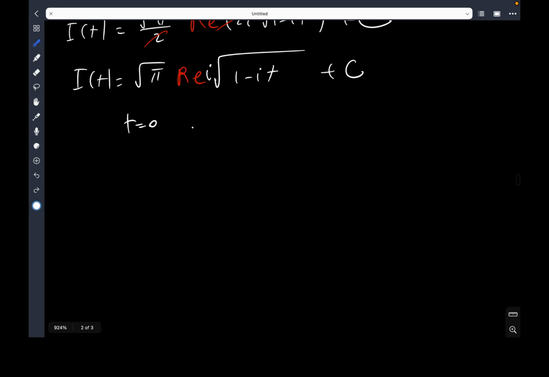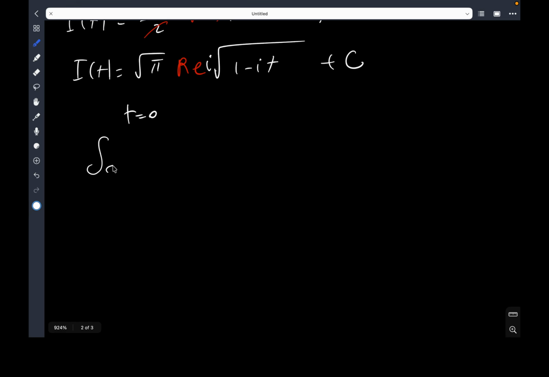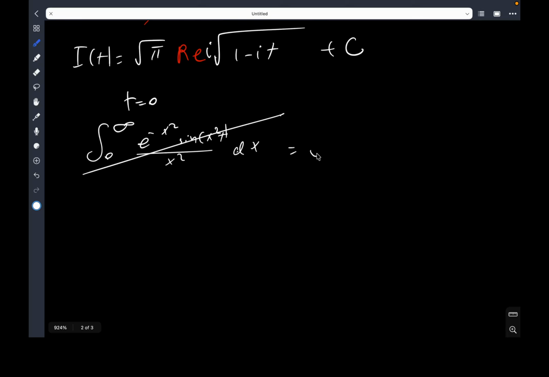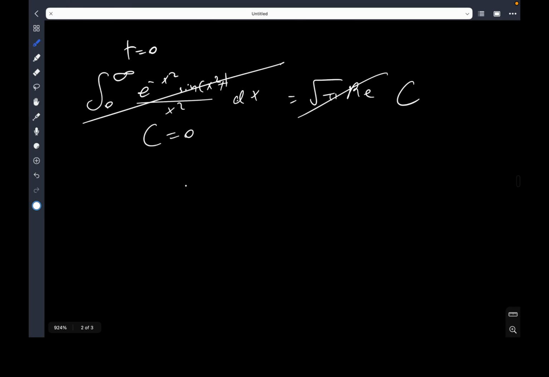Actually, I'm going to show it. The integral from 0 to infinity of e to the negative x squared sine of x squared over x squared dx. Plug in t equals 0, makes this go away. Root pi, the real part of this, plug in 0 here makes this real part of i, which is 0, and thus our c is 0.